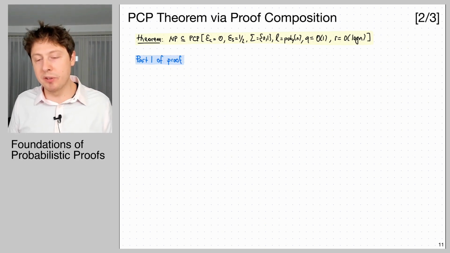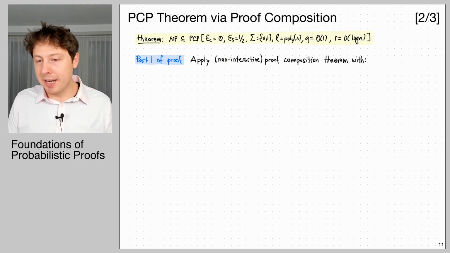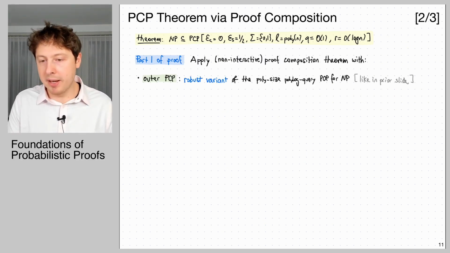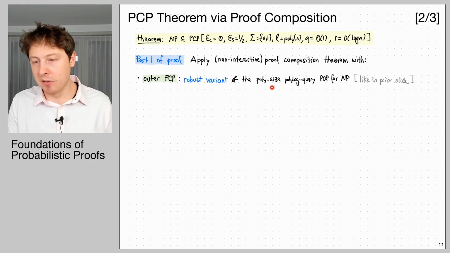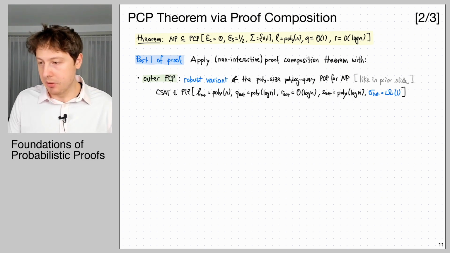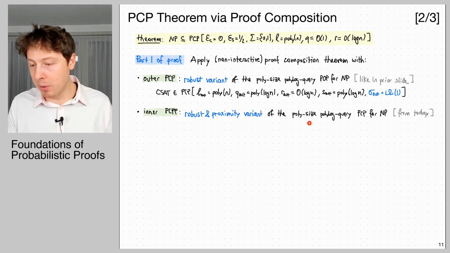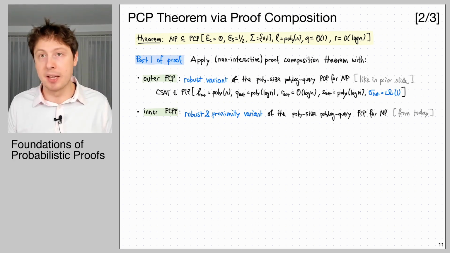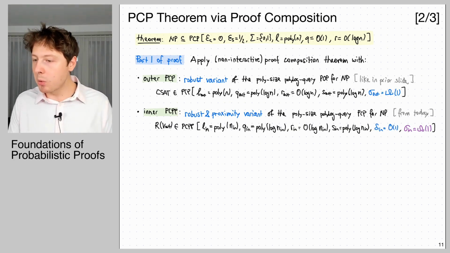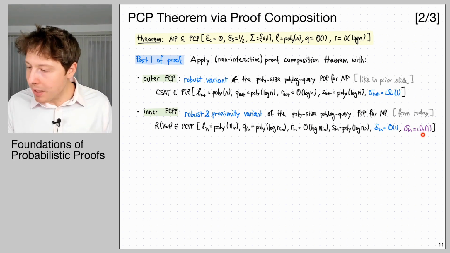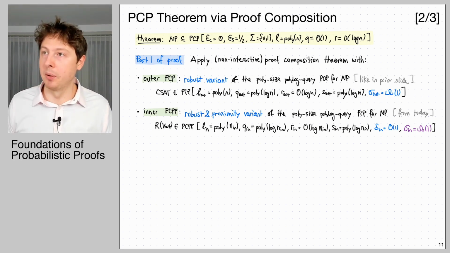So part one will be the first composition. We're going to apply the proof composition theorem, where the outer is the robust variant of the poly-size polylog query PCP for NP. So nothing has changed. But now we're going to use the robust and proximity variant of the poly-size polylog query PCP for NP. That's the one we built today, where we have both robustness and proximity. Okay?